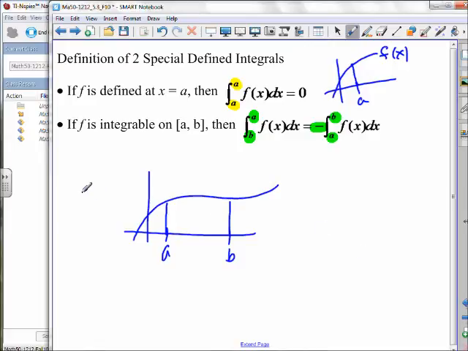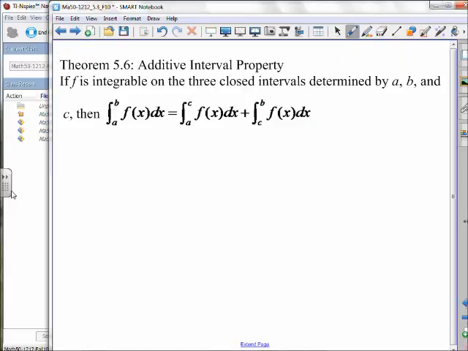Okay, so these two special ones are not too difficult if you think about them in a geometric way. Let's see what these are. Additive interval property. Okay. Let me highlight here so we can see. The function is integrable on three closed intervals determined by a, b, and c. It says that the integration from a to b is the same thing as integrating from a to c and c to b.